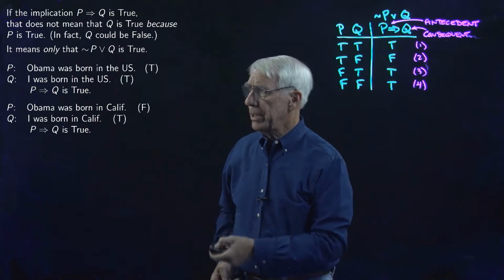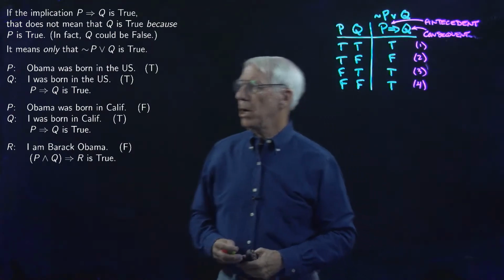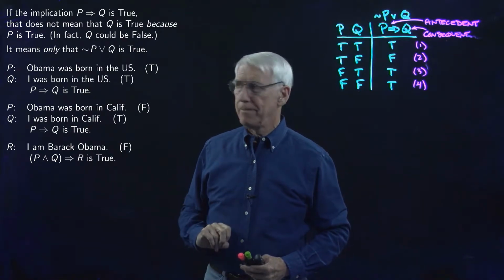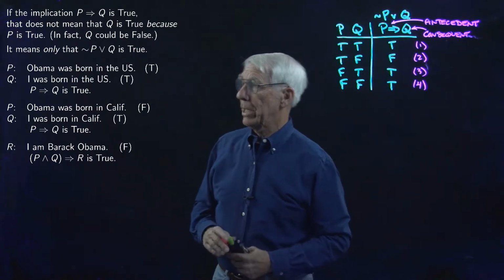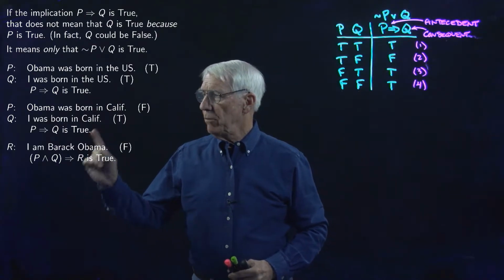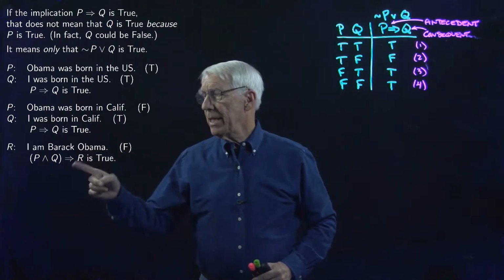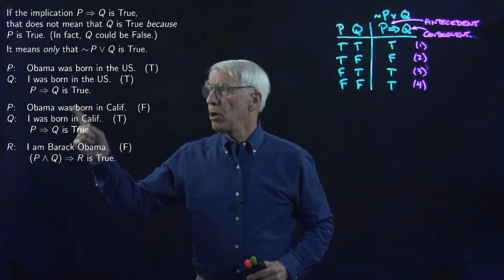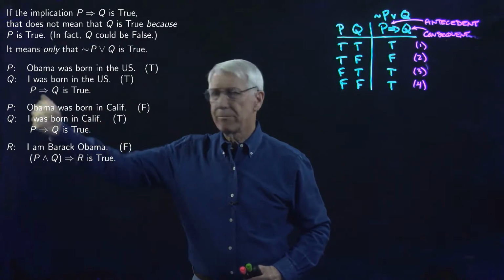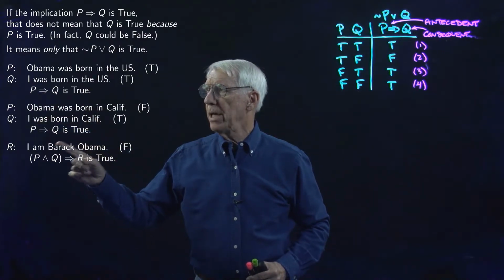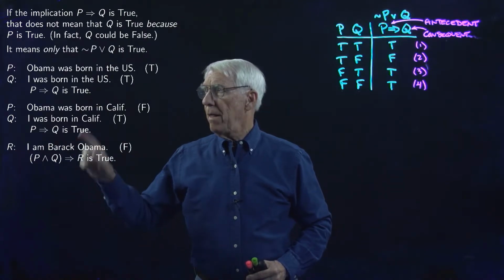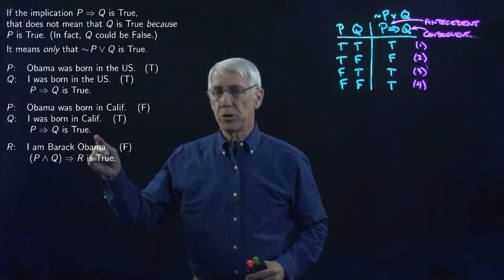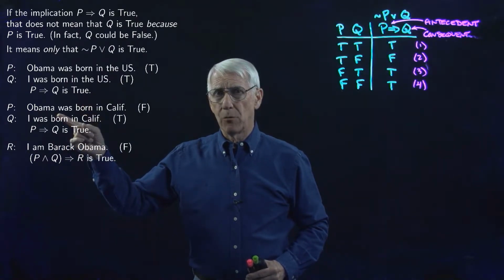So let's take a third example in the same vein here. Let's suppose that R is the statement, I am Barack Obama. Well, that's false. But now let's look at the implication in which the antecedent is P and Q. Barack Obama was born in California, and I was born in California. That conjunction is false because while I was born in California is true, Obama was born in California is false.